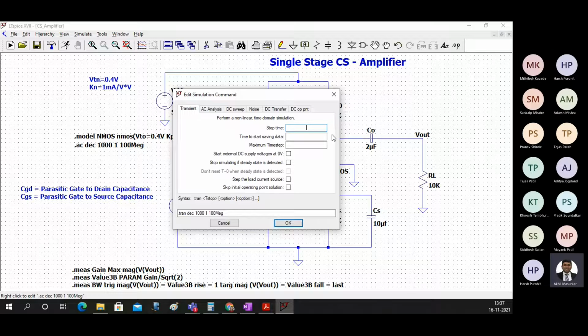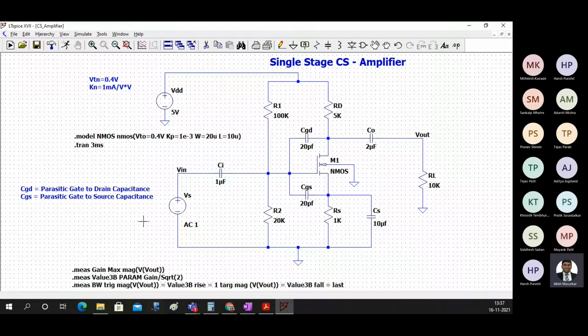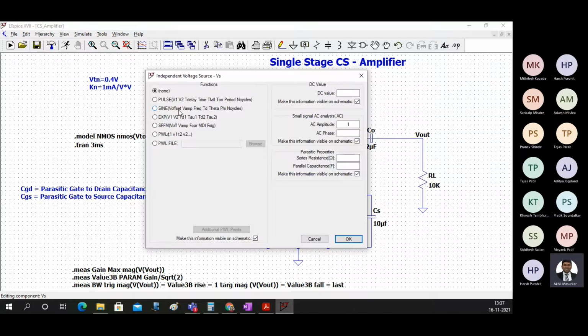Transient, you can just say 3 millisecond, and here the AC, you can give a sine input. Their amplitude you can keep as 50 millivolts. Frequency will keep 1 kilohertz for test purpose.